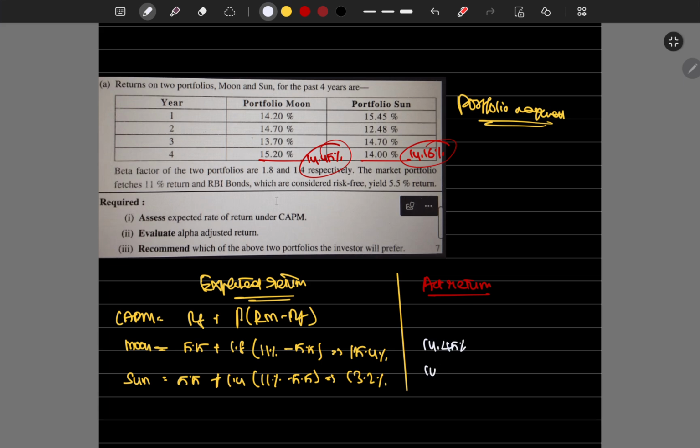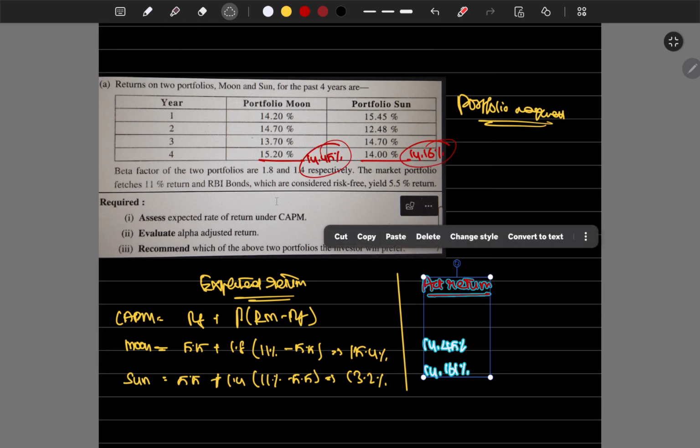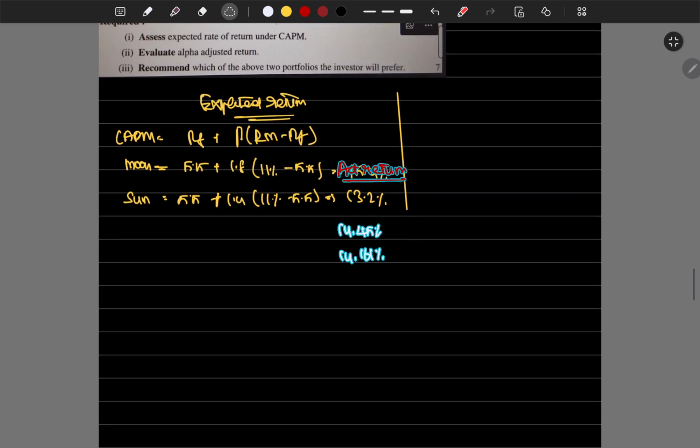14.45% and 14.161%. So we have to find out the alpha. Alpha is actual return minus expected return.